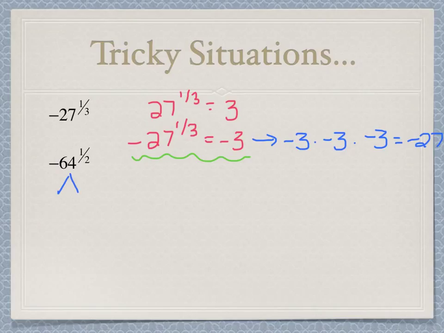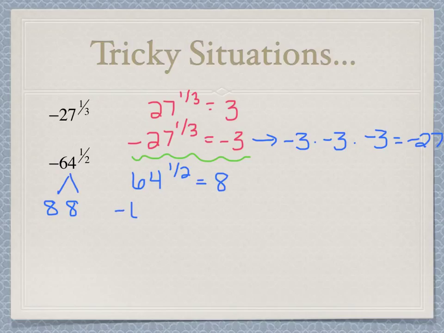But think about this. 64 broken into 2 equal factors. What times what makes 64 where the 2 factors are exactly the same? That'd be 8 and 8.